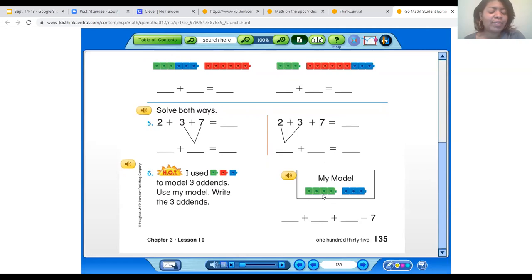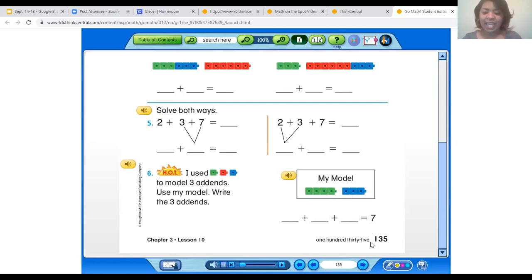How many green cubes are there? How many blue cubes? How many red cubes? Do you see any? Think about it. All right. So you should be able to figure out your sum using that information that I just said.